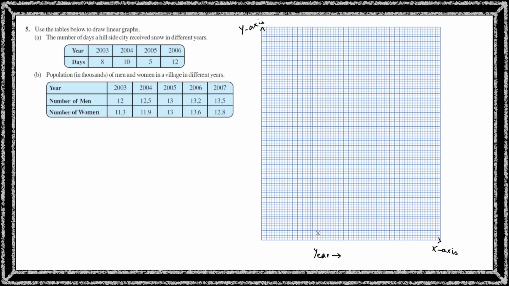On the y-axis I have number of men or women, in thousands.